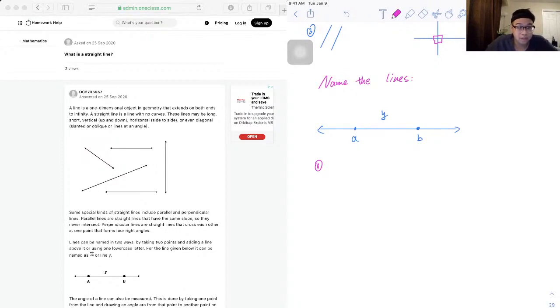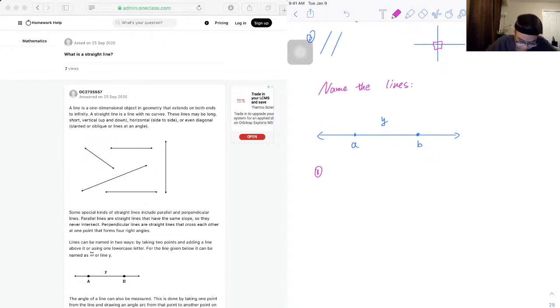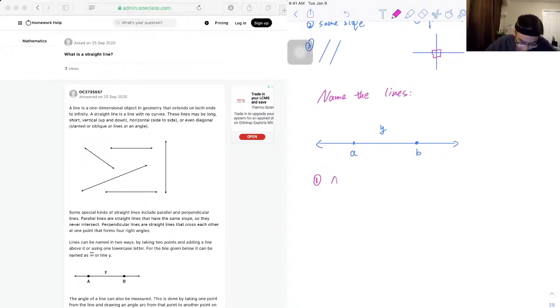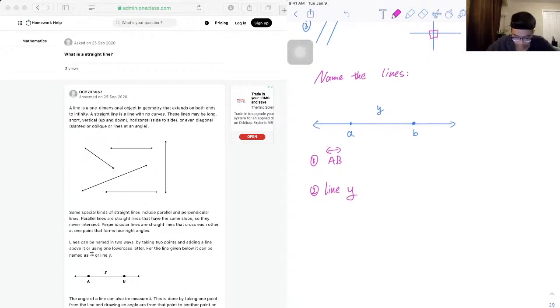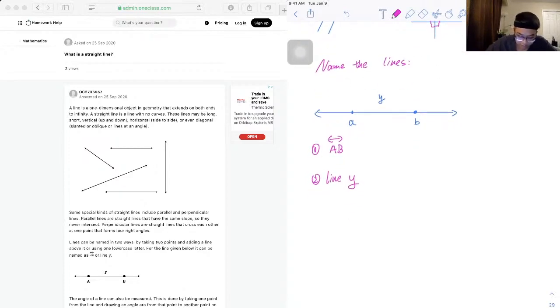So for the line we're given, we can name it either AB, or we can call it line Y. And it doesn't have to be Y. It could be L or H. It doesn't really matter. We can also call it line H.